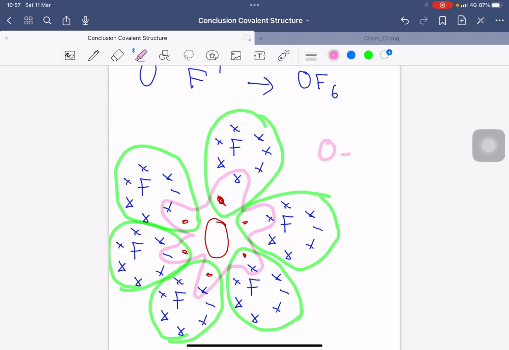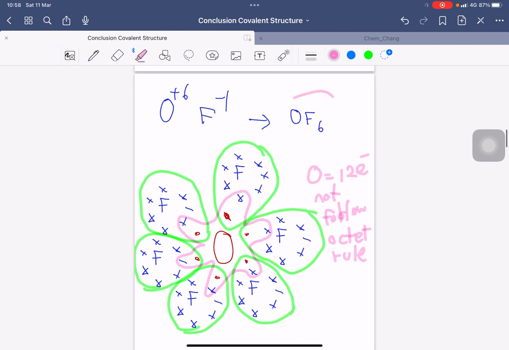So the O will have 12 electrons. So this does not follow the octet rule. This breaks the octet rule. Even if just one molecule breaks the octet rule, this molecule, OF6, does not follow the octet rule.